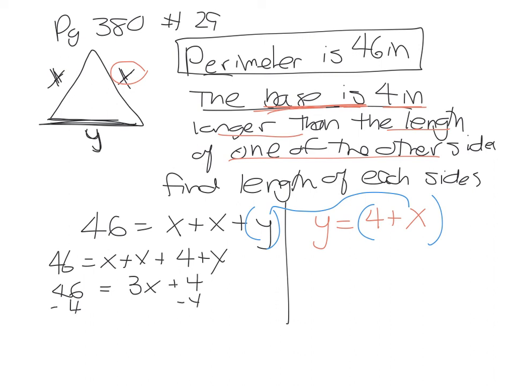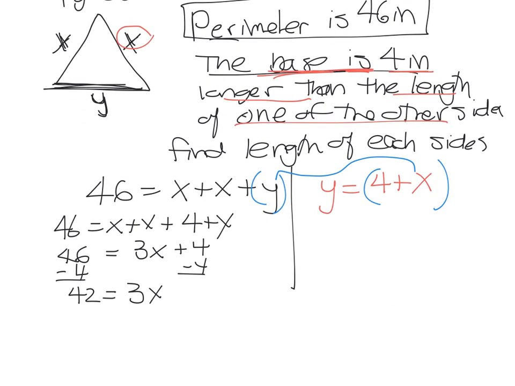Subtract 4 from both sides. 42 equals 3x. Divide by 3. And x equals 42 divided by 3, which is 14. So my x is 14, so 2 of the sides are 14.